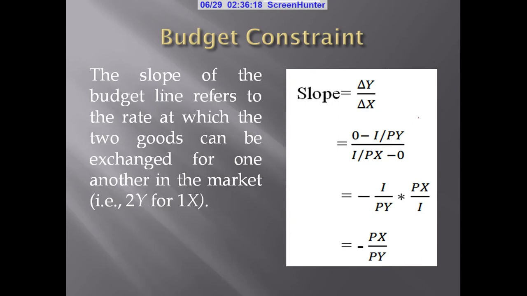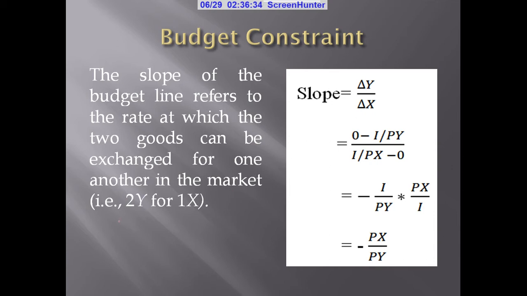What is the slope of the budget line? As we know, the slope shows change. The slope of the budget line refers to the rate at which two goods can be exchanged for one another in the market.